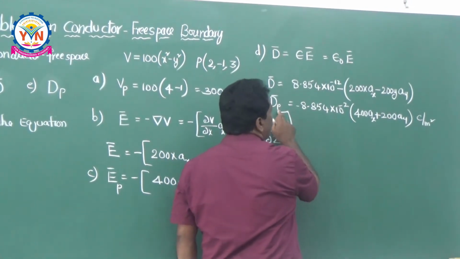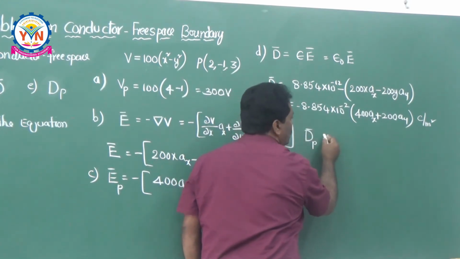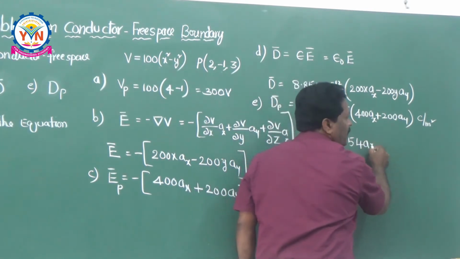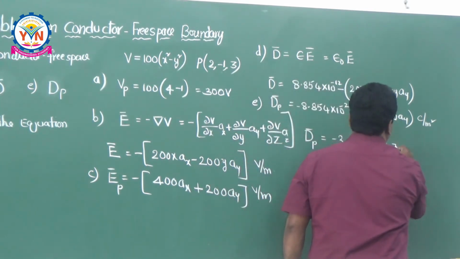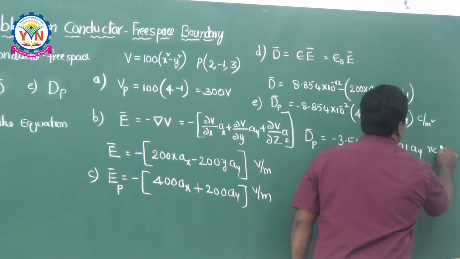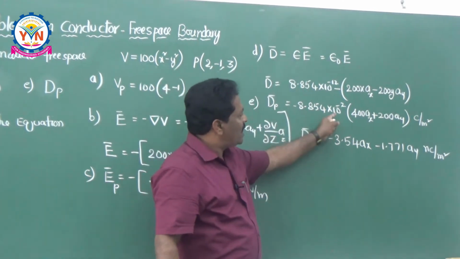If you simplify this, you get Dp bar equal to minus 3.54 AX minus 1.771 AY nano coulombs per meter square, because I am using 10 to the power of minus 12.